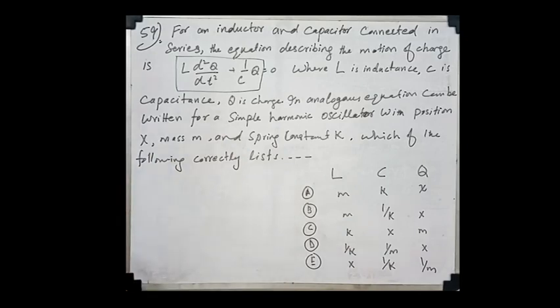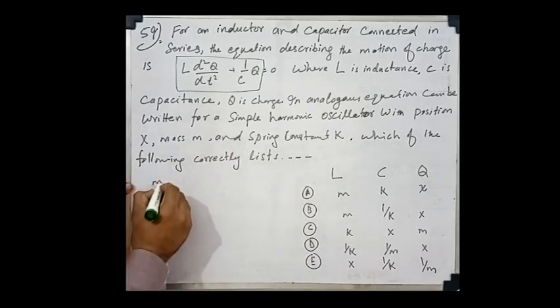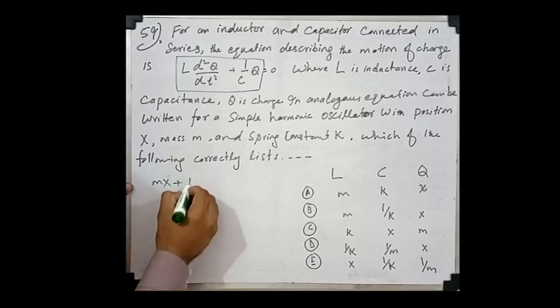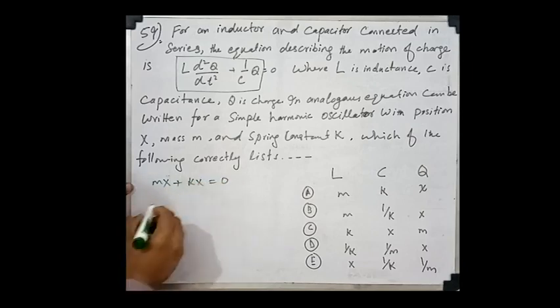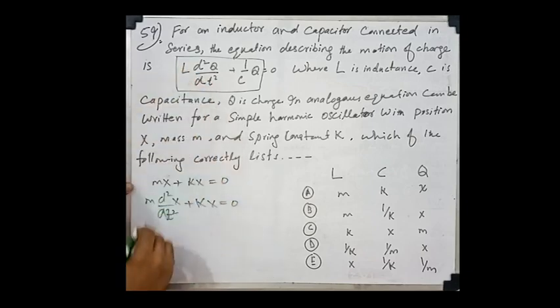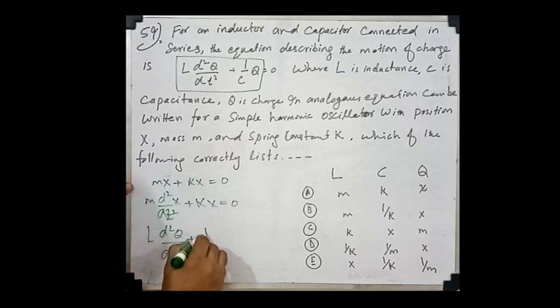For the harmonic oscillator we have m x double dot plus kx equals 0. We can write this equation as m d²x/dt² plus k x equals 0. Compare this with d²q/dt² plus 1 by c q equals 0.